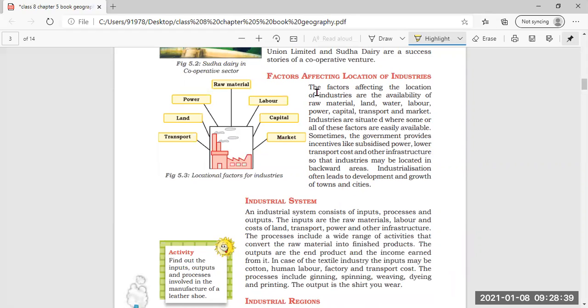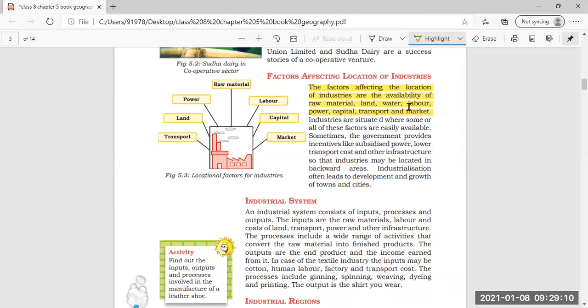So the factors affecting the location of industries are: first is availability of raw material; second, land; third, water; fourth, labor; fifth, power; sixth, capital; seventh, transport and market. So these are the important things to be available if you want to put an industry in a particular area, particular location.